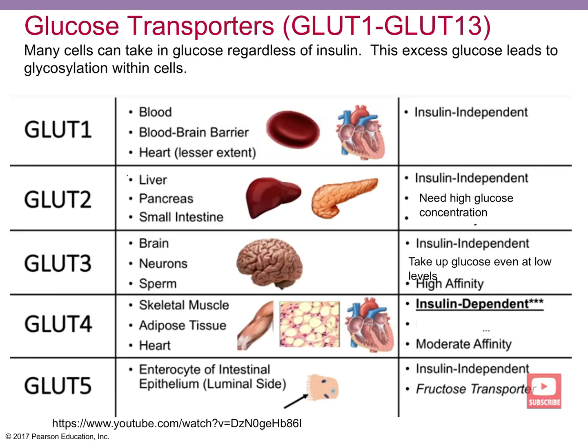So we know that some cells, like the pancreas itself, the liver, and small intestine here, their receptors have a low affinity for glucose. So we actually need a fairly high amount of glucose in order for those organs to take up glucose.